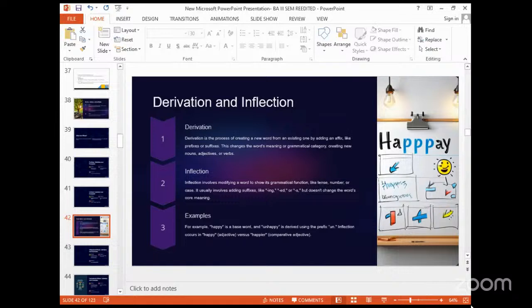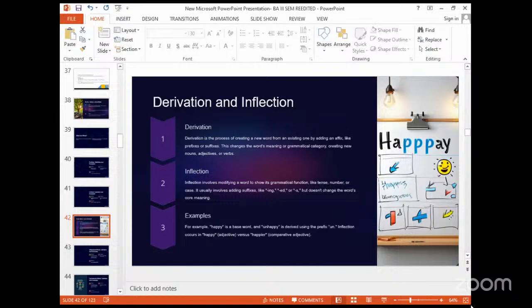Now moving on to inflection. Inflectional affixes: inflection involves modifying a word to show its grammatical function, like tense, number, or case. It usually involves adding suffixes like ing, ed, or s, but doesn't change the word's core meaning.